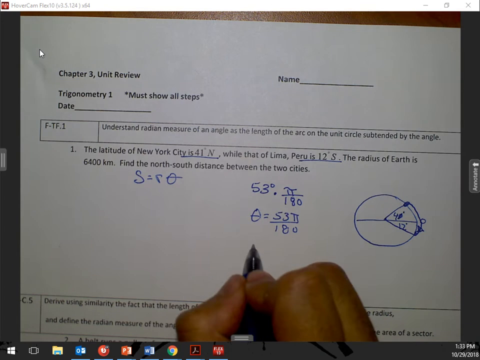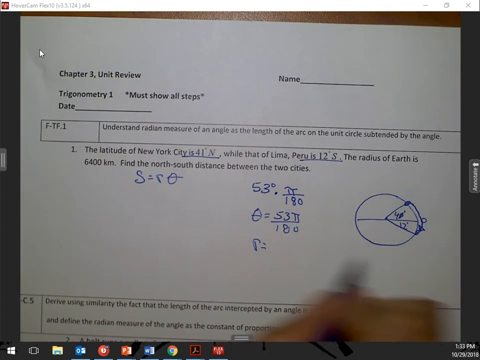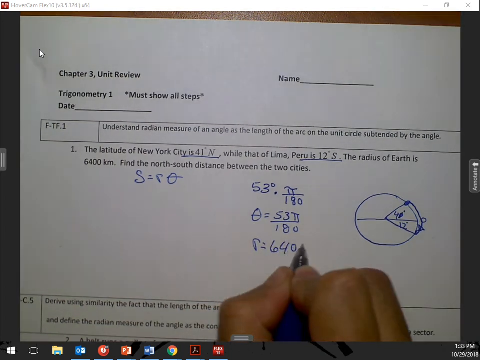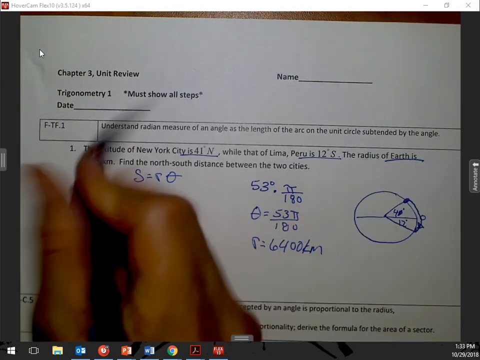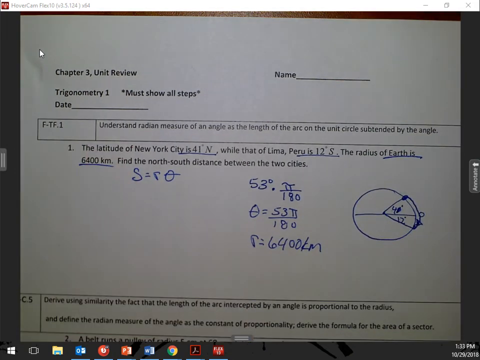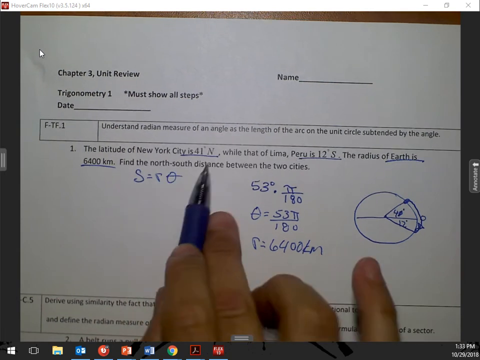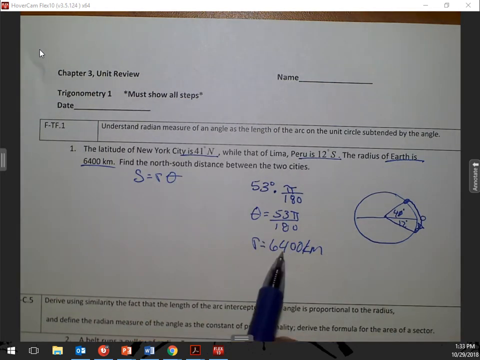What is my radius? It's 6,400. Right? Because every time we do this, Earth radius is 6,400 kilometers. Find the north-south distance between the two cities. So we have theta and we have r.